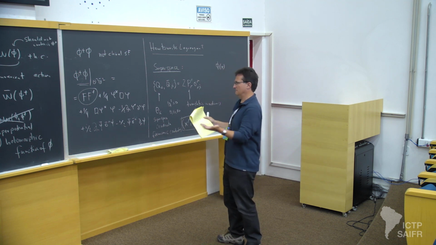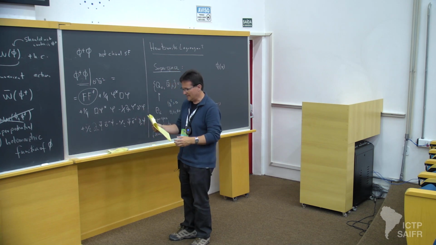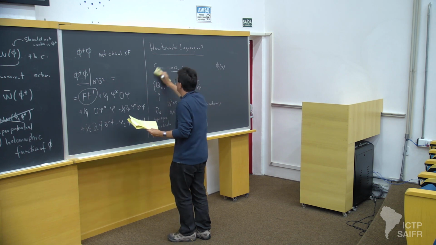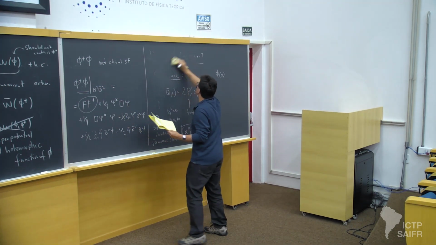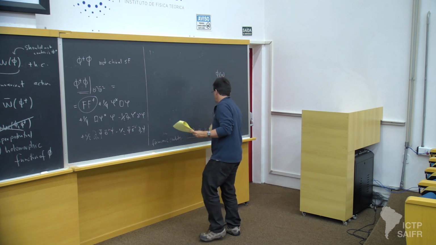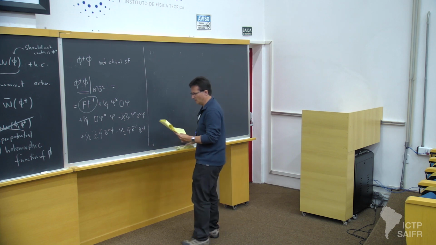And essentially, I can integrate it out. I can solve for it. So that's what it means, that it doesn't contain a propagating degree of freedom. Okay, so this is telling us now how to write the Lagrangian for these chiral superfields. This is one of the basic steps.